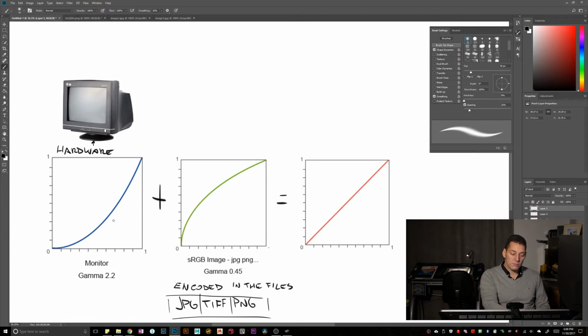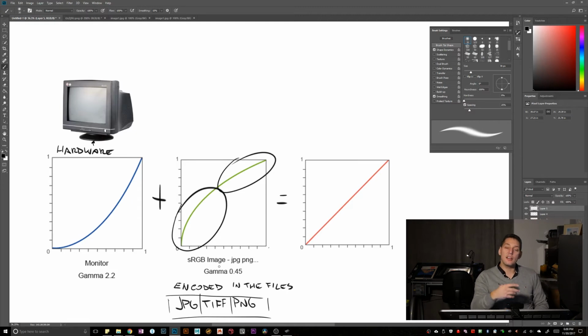So this response helps encode the images so that we have more values between the shadows and the midtones and fewer values in the highlights. This is really important because it lets us encode a lot of values that are useful for the eye and brain to interpret the image, using only 8-bit. And this is even more important because most screens, even today, still display only 8-bit colors.